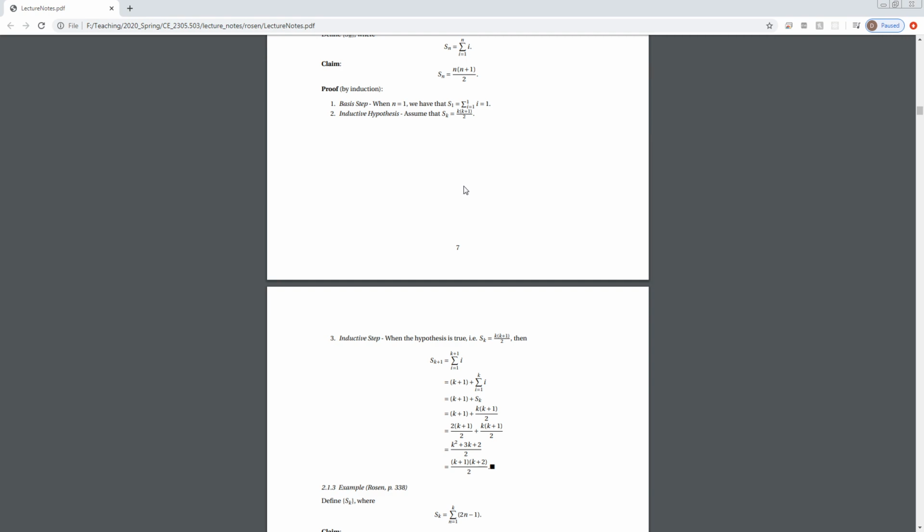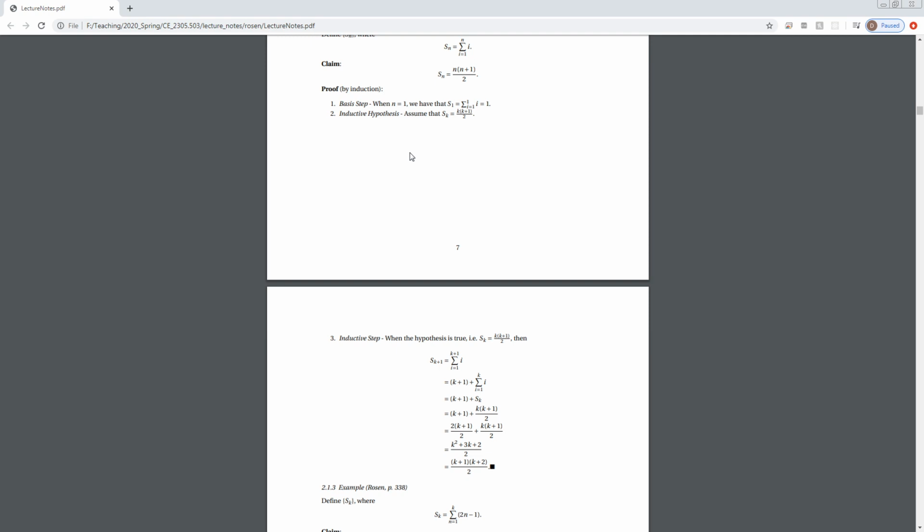So, as I mentioned, there's a basic step, and then there's the inductive step, and sandwiched in between is the inductive hypothesis, where we just assume that it works for some value k, and then we show that when it's true for some value k, or some value n, or whatever your favorite variable is, then it implies that it's true for the next number.